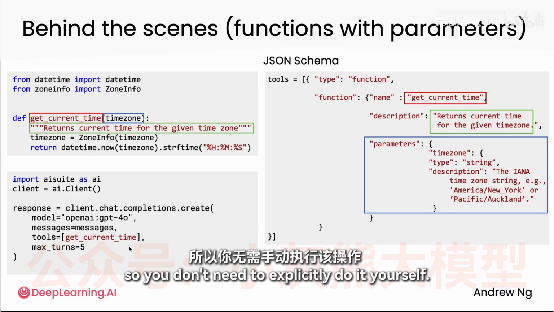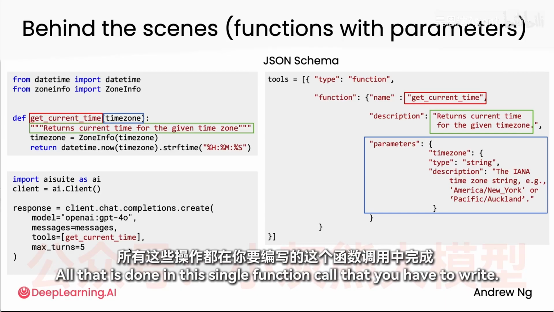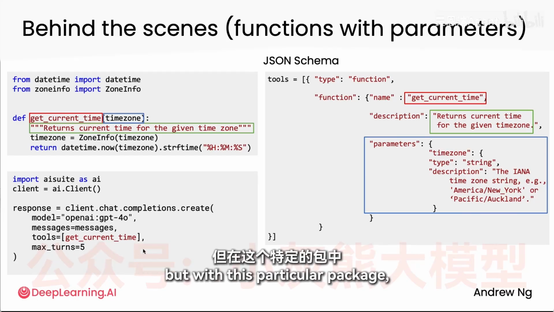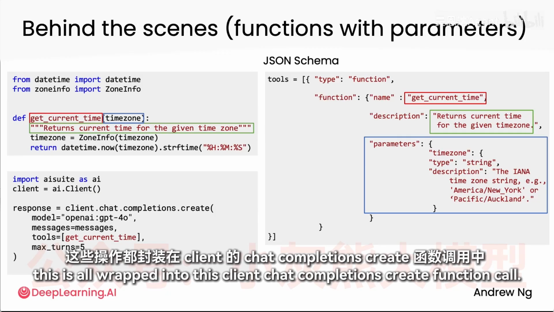So you don't need to explicitly do it yourself. All that is done in this single function call that you have to write. Just note that there are some other implementations of LLM interfaces where you have to do that step manually. But with this particular package, this is all wrapped into this client.chat.completions.create function call.